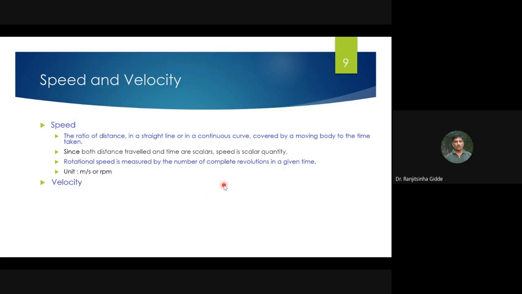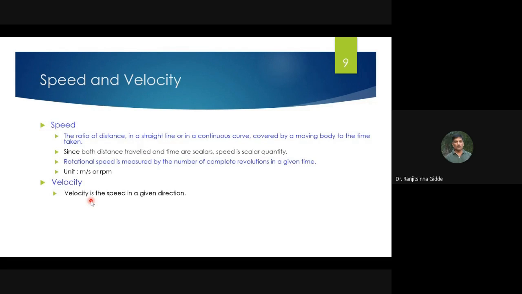Okay. Then write down velocity. Velocity is speed in a given direction.